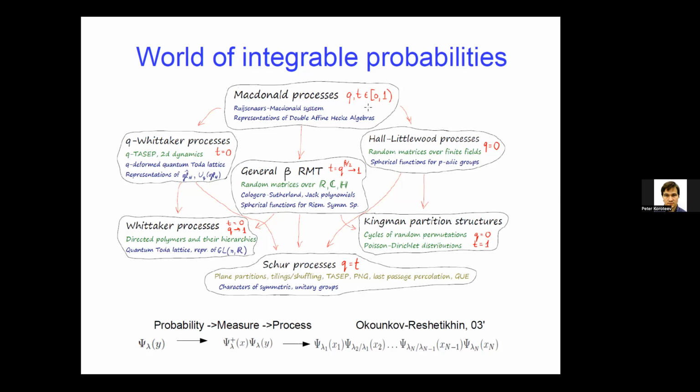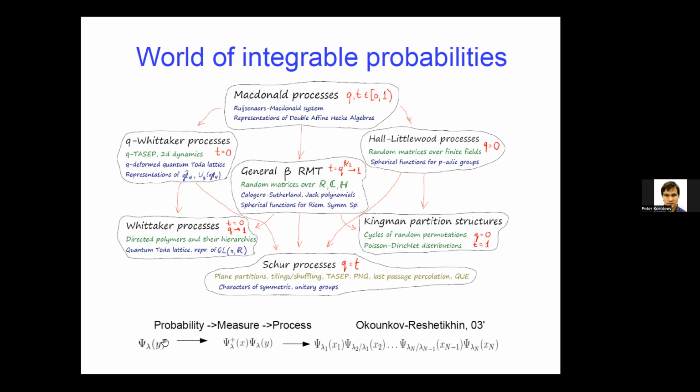So one considers some probabilistic model, and the particular example depends on the number of parameters. The simplest one is the so-called Schur process. I will turn later to the link between quantum integrable systems and some objects from integrable probabilities.